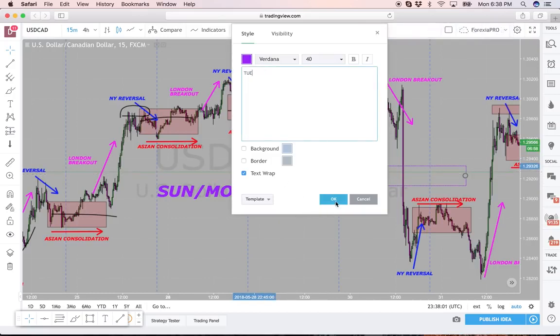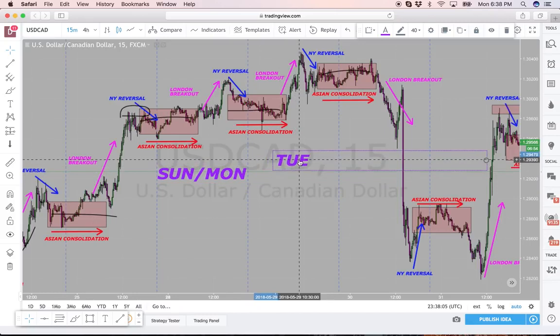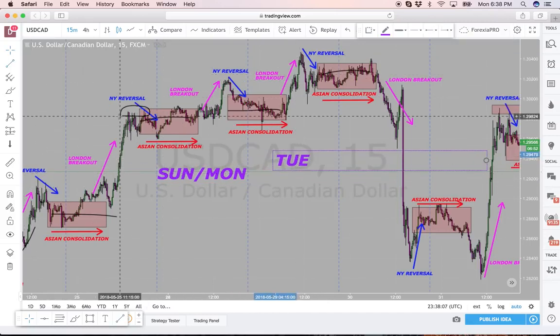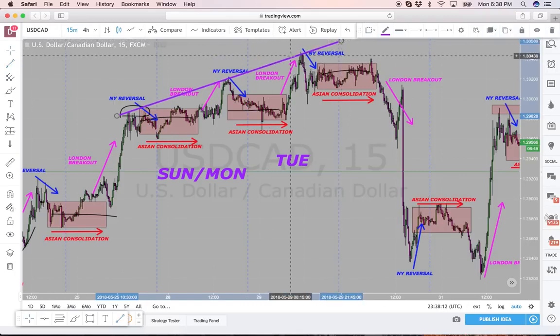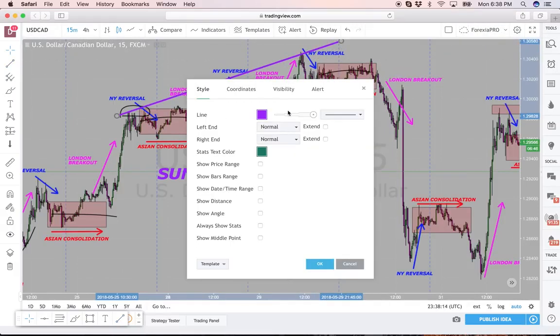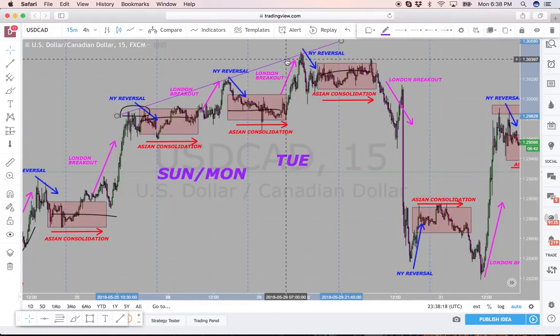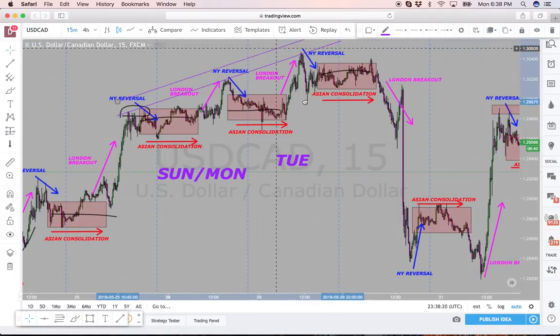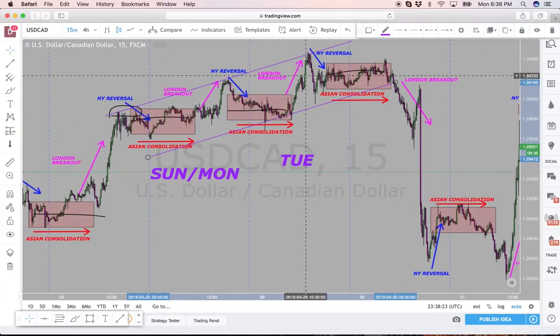Then we have Tuesday. Actually, very few people know about the Tuesday reversal. So, I guess I'll talk a little bit about it. We have Sunday, Monday.